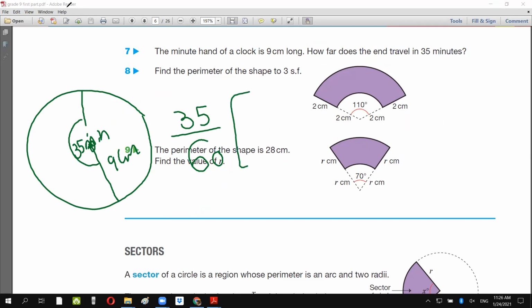What is the question? The question is how far from the two ends, from this end to the second end. How did it move? It moved like this, from the first end to the second end. Yes or not? Yes. It means I want the red line. What is this red line? It's the curve, which is 2 pi r. What about r? r is 9. You can give me the answer, guys.